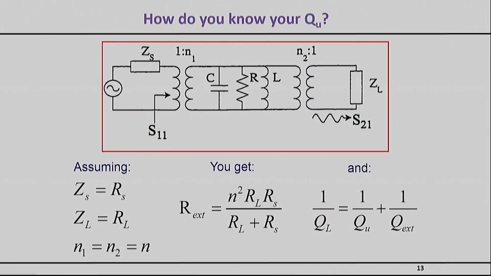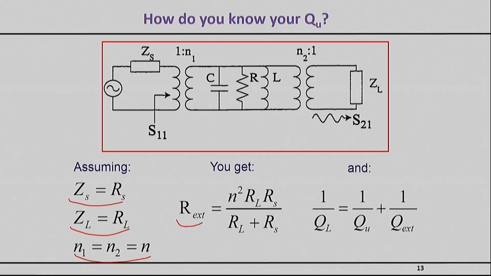So here's how the equations work out for the loading case I showed you before. To make things simple, I will assume that my ZS is real, my ZL is real, and that the coupling sections are equivalent. If I do that, you will find that the external resistance that you see is given by N squared RL RS over RL plus RS.